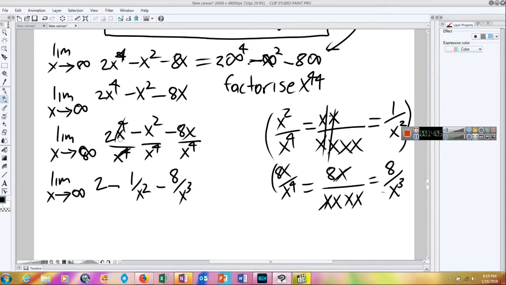So you notice what I did here, this is not entirely correct. We're cancelling one of them, so we're still going to have x to the fourth power right here, and we're not going to get 2, we're going to get x to the fourth power.